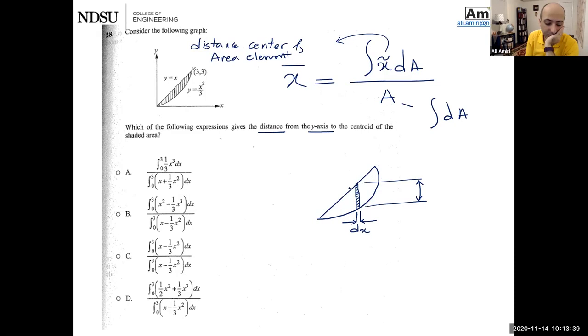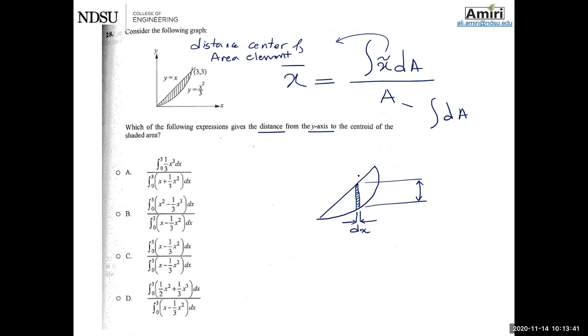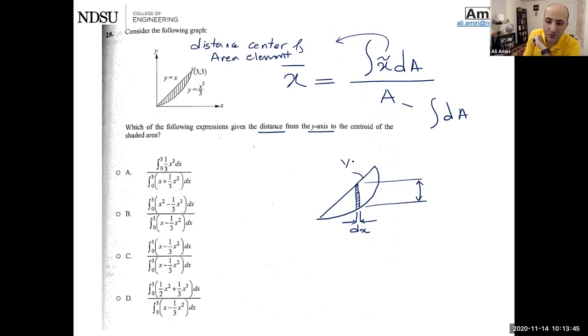Yes, exactly. So I'm going to call this y2 graph, which is x. I'm going to call this one y1, which is x squared over 3. So this length here is y2, and this little length here is y1.